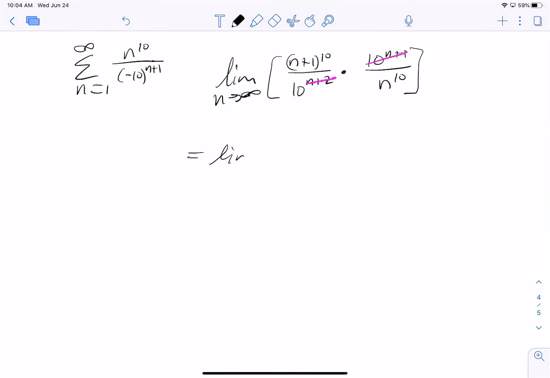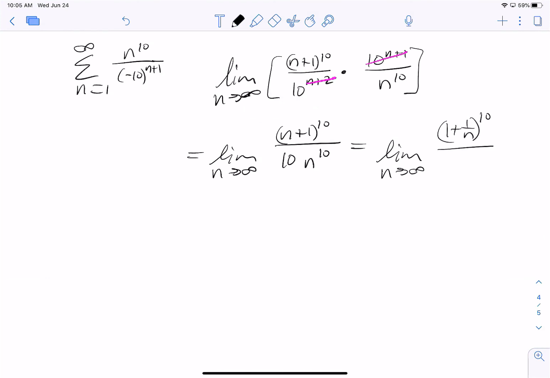That then becomes the limit as n approaches infinity of n plus 1 to the 10th power divided by 10 times n to the 10th. Dividing numerator and denominator by the largest power of n that appears in the denominator, we get this is the limit as n approaches infinity of 1 plus 1 over n, whole thing to the 10th power, divided by 10 in the denominator.